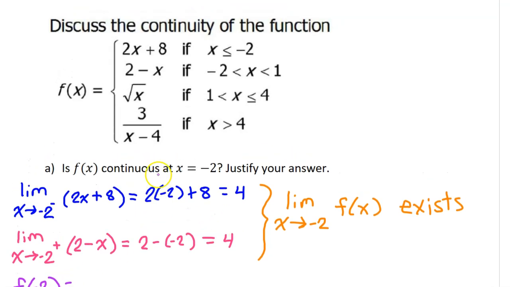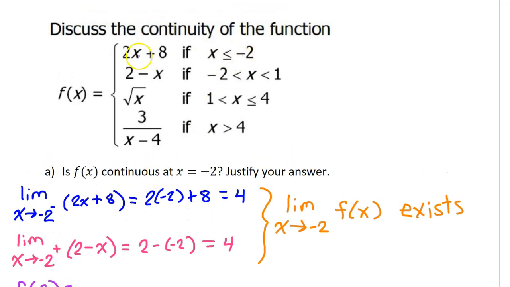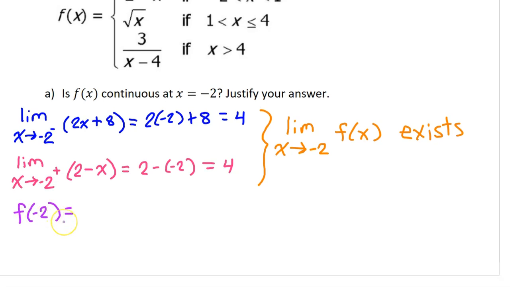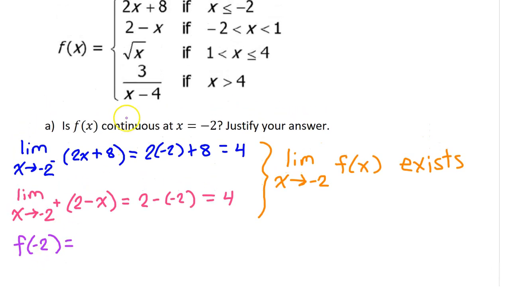At -2, the piece that applies is the 2x plus 8 piece because this piece applies when x is less than or equal to -2. So we can evaluate f at -2 by plugging -2 into this piece. 2 times -2 plus 8.